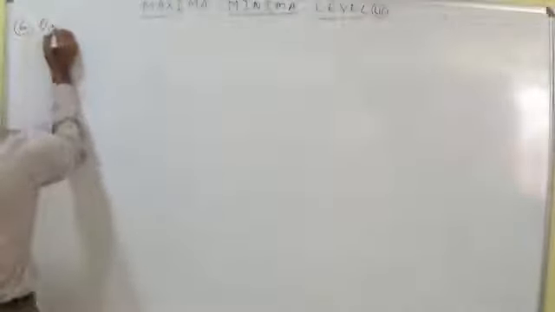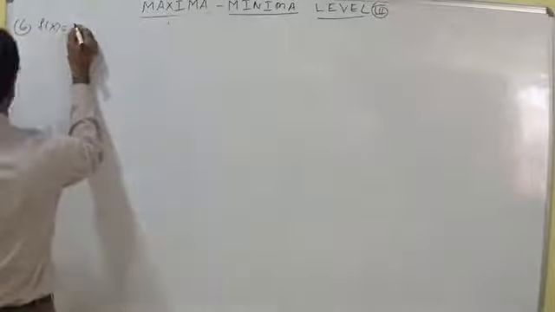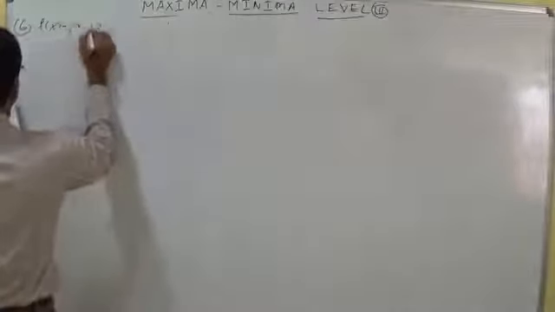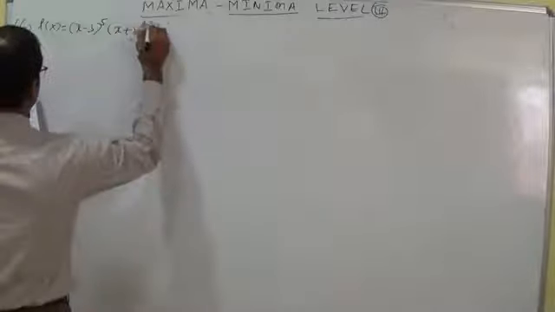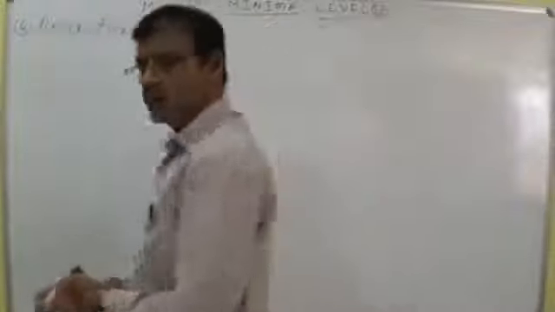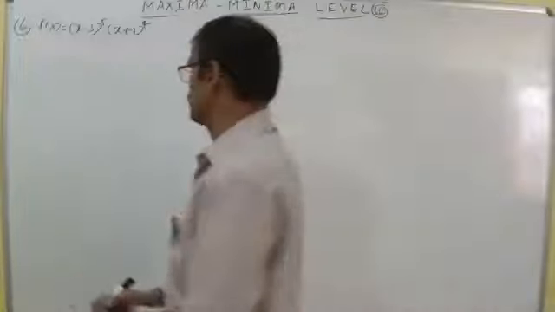6th question. F of x is equal to x minus 3 whole power 5 into x plus 1 whole power 4. According to the options we should discuss now. To find the minimum or maximum, f dash x is equal to 0, so first of all we will write f dash x.